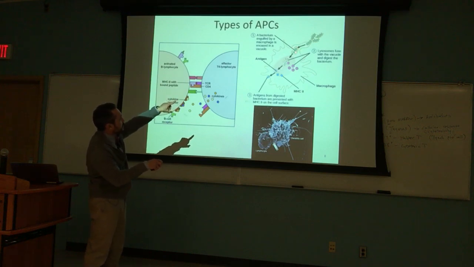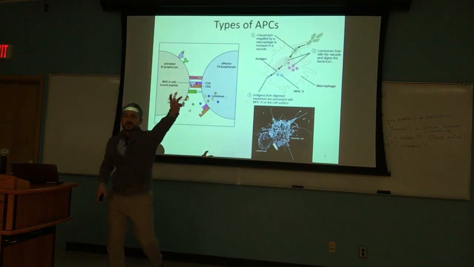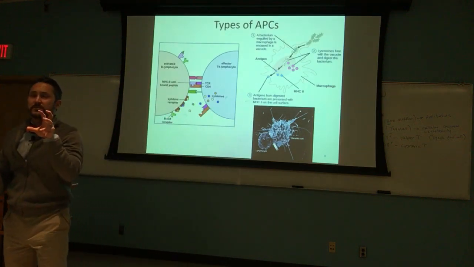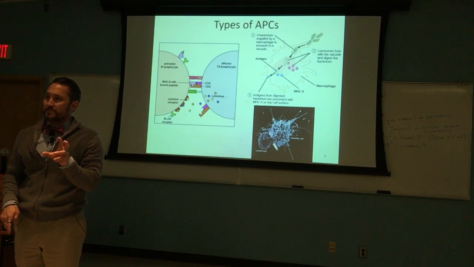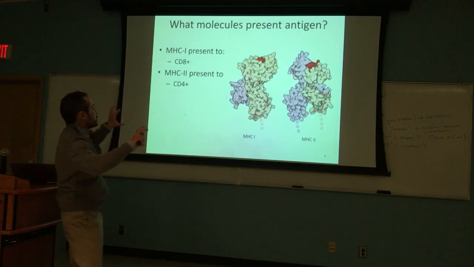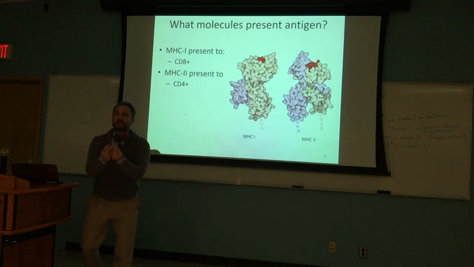Here's bacterium coming in, and this is the antigen being displayed on an MHC2, and then it goes to the surface just like we already drew. I just want you to see different types of pictures of the same thing. You guys with me? And then last, these are 3D representations of these major histocompatibility complexes 1 and 2.